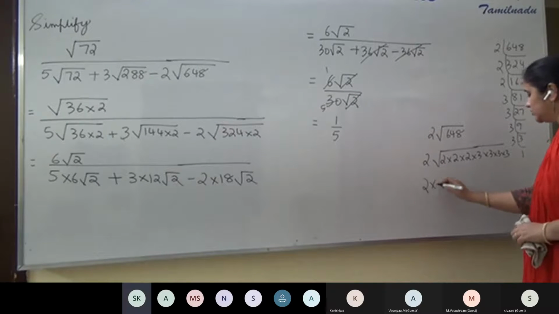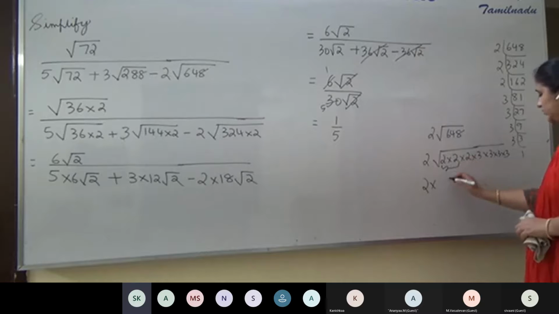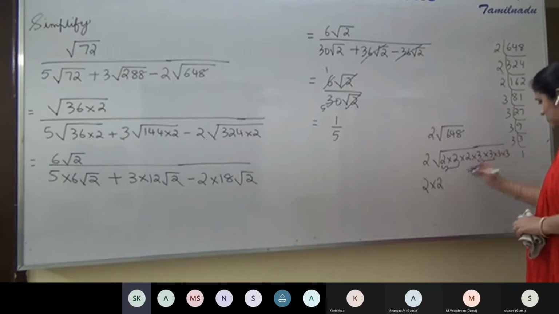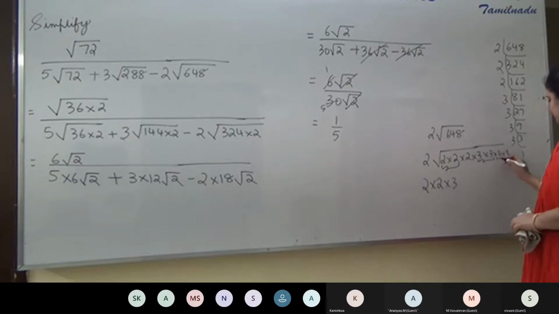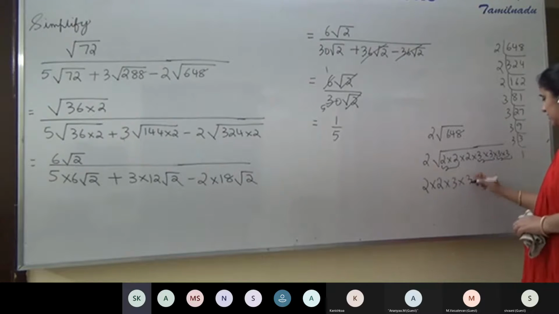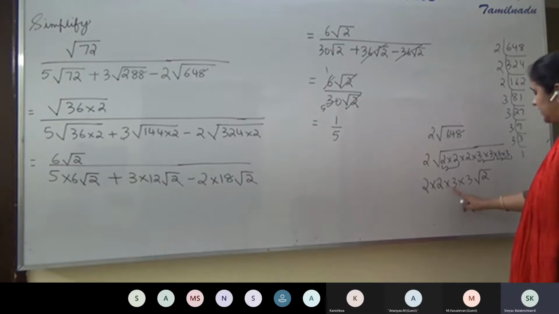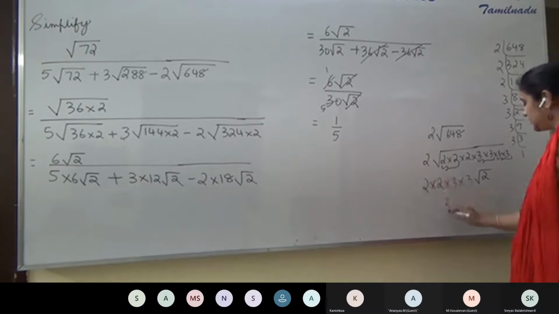648 is a product of these prime factors. So 2 into 2 into 2 into 3, one 3 comes out from these two threes, and another 3 comes out from these two threes. And a 2 remains under the square root. So 3 threes are 9, 9 twos are 18, 18 twos are 36, 36 root 2.